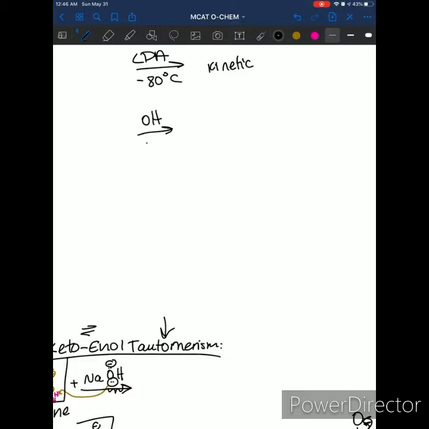If they give you something small like an OH, and maybe something like 30 degrees, then you might know that this is the thermodynamic product.